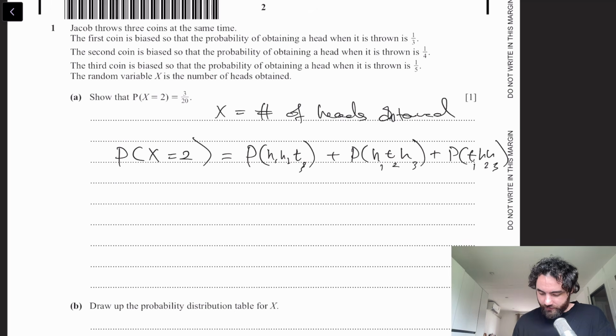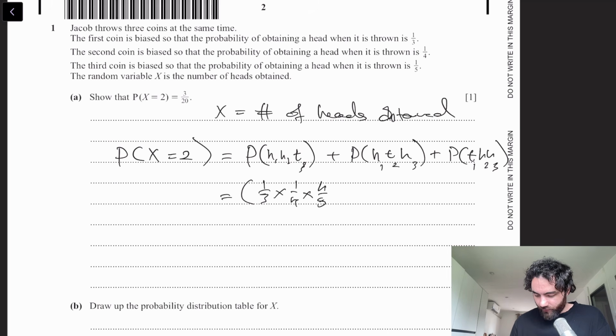You understand what I'm saying. Okay, so for this one, the first coin is a head, so that's 1/3, times the second coin is a head, that's 1/4, times the third coin is a tail, so that will just be 1 minus this, because it's either going to be a head or a tail, so the probability of a tail will be 4/5.